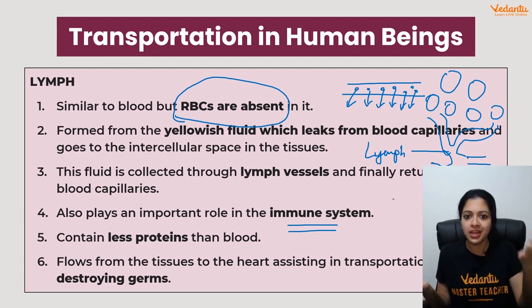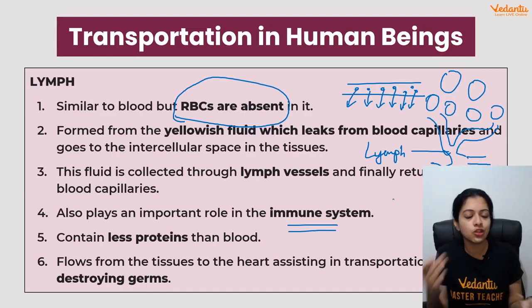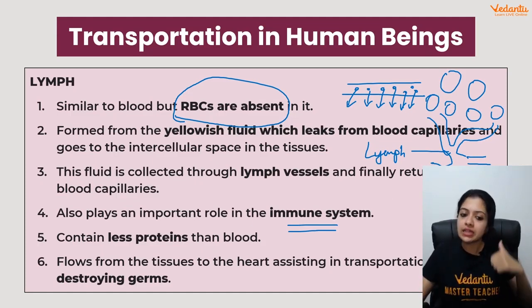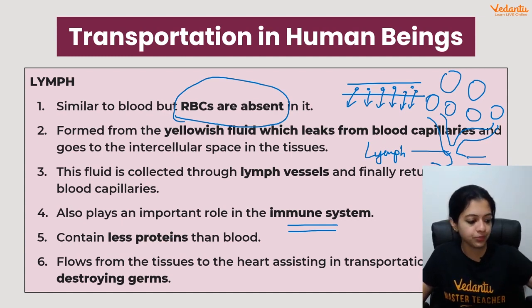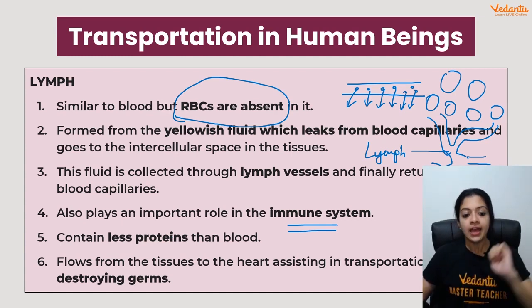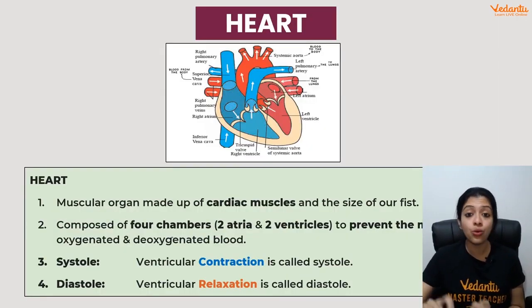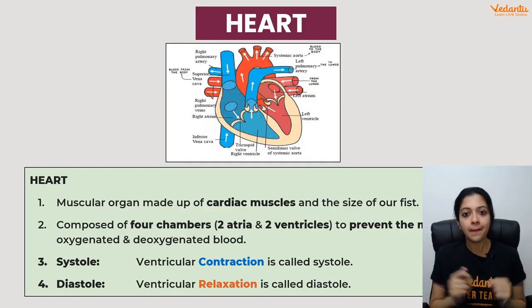They are acting like checkpoints so that the infectious agents don't circulate across your entire body, right? So this is why they play a major role in the immune system. Obviously, considering the components, lymph would contain less protein than blood, all right? So this is about the lymph and how it works in association with the blood to maintain your body's circulatory system.